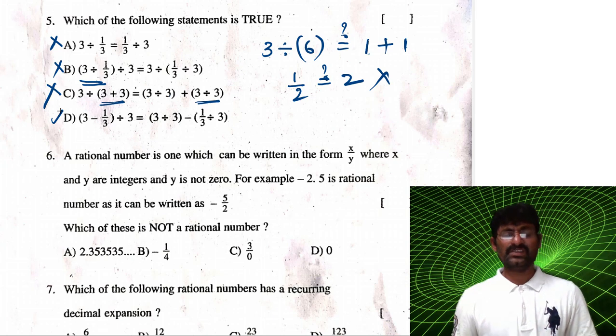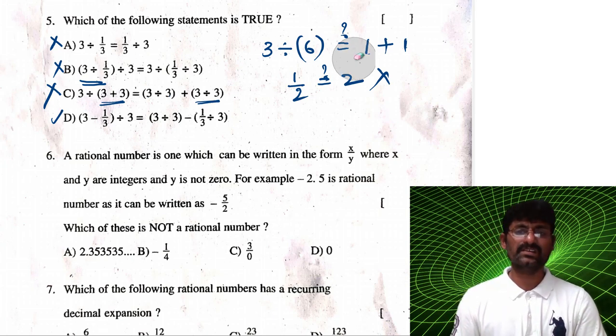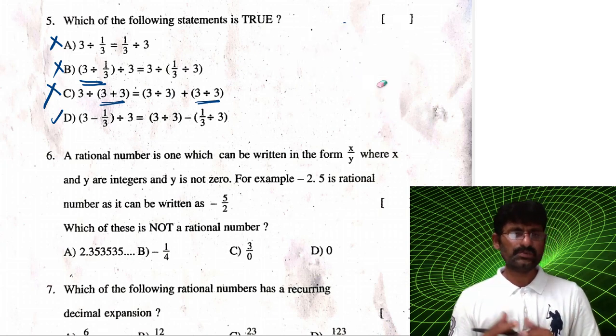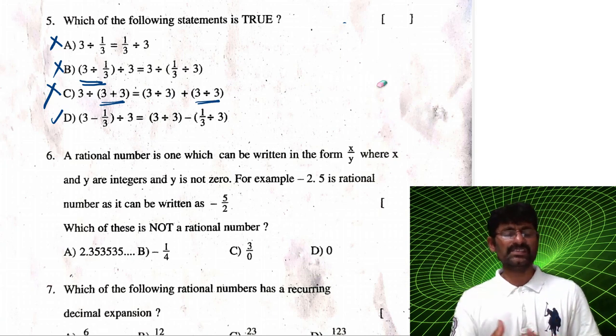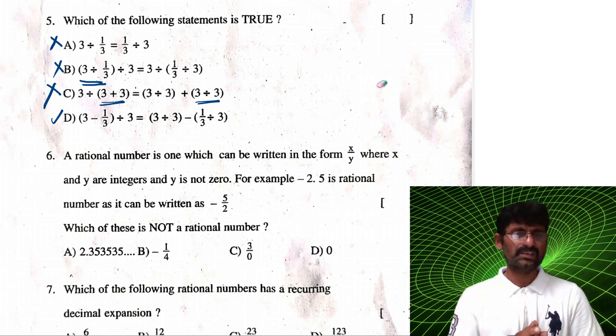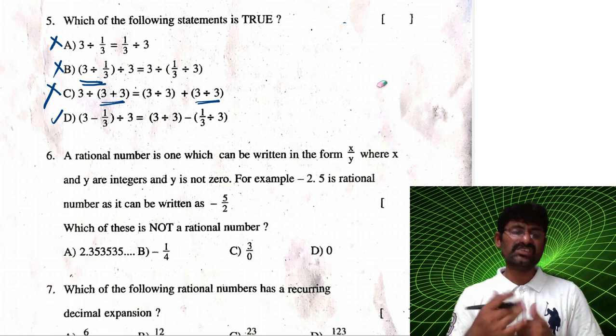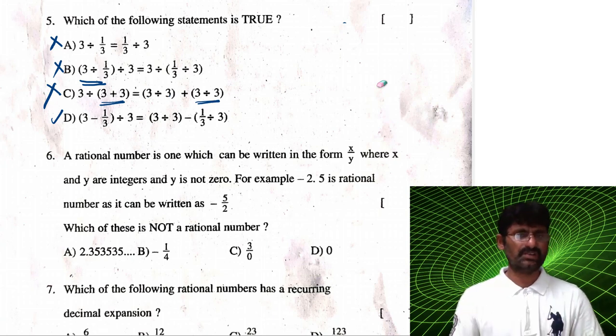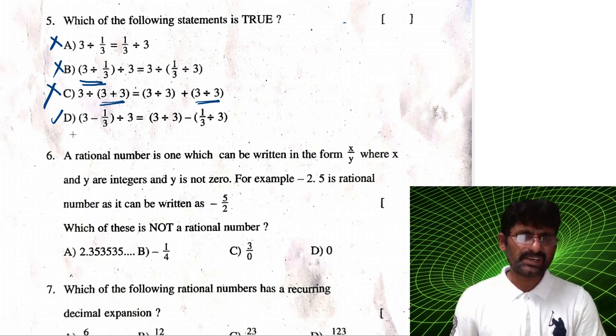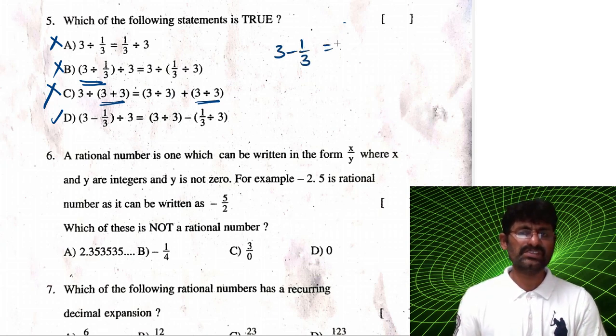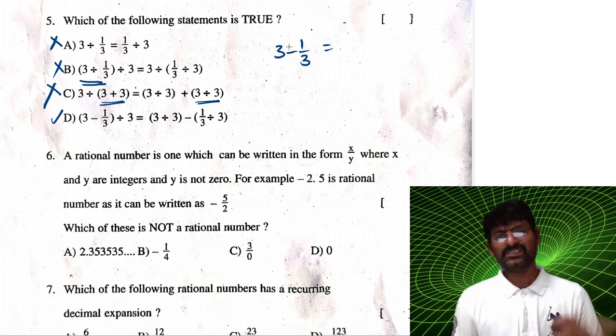Now let us check whether option D is also correct or not. Yeah, we know that option D is correct. Why? Because A, B, C, all these three are not correct. So it's obvious that option D is correct, but let us check. Okay. So left side value is 3 minus 1 by 3, divided by 3. So 3 minus 1 by 3, we can do this like a mixed fraction. 3 times 3 is 9, 9 minus 1, 8.